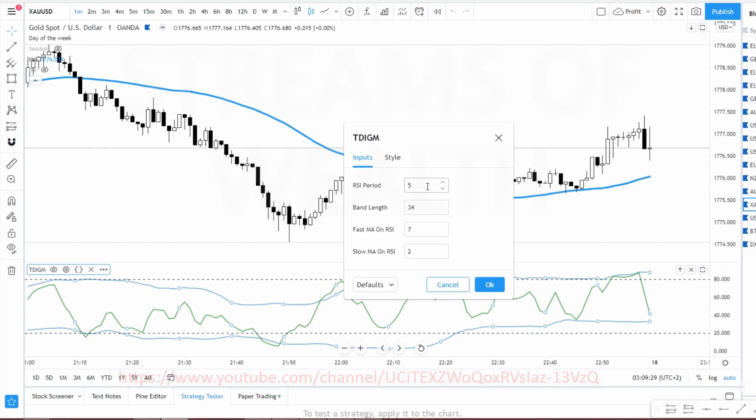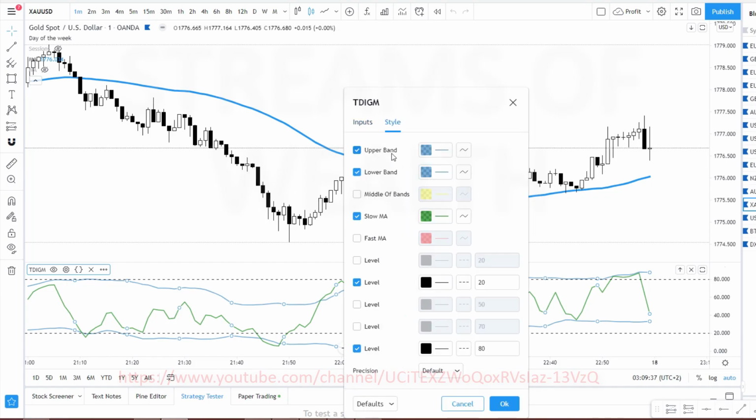By default it is on 21, but for this strategy I change it to 5. The style, you can copy and paste this. I have this upper band, lower band, slow EMA, slow MA, and I have these levels. So first level is 20 and another level is 80.